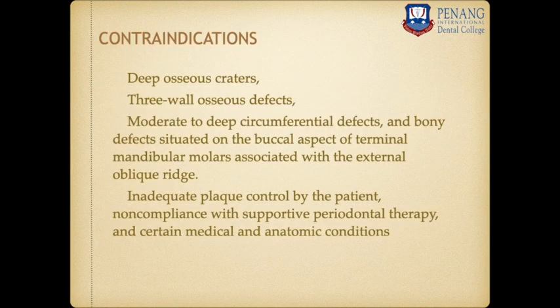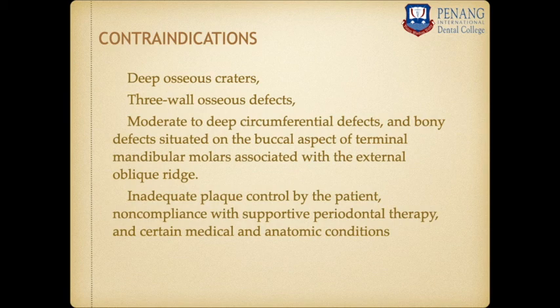Contraindications. Whenever the site is possible for regeneration, it is contraindicated for resective surgery. For example, a deep osseous crater or a three-wall osseous defect where the graft material can be contained and regenerated, we cannot perform a resective surgery. We can perform a regenerative surgery.